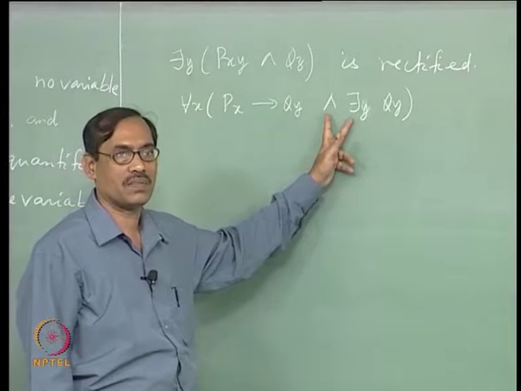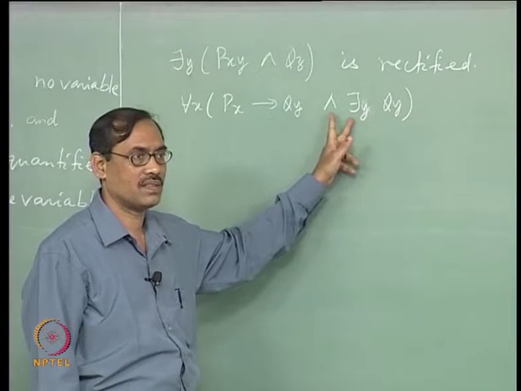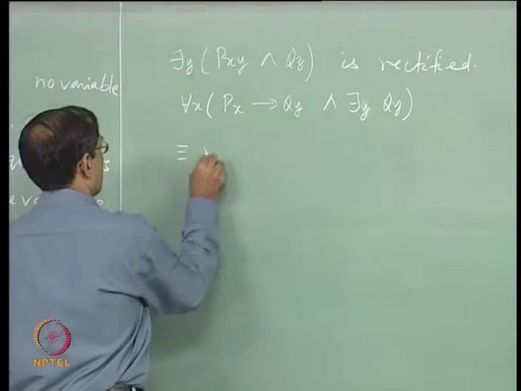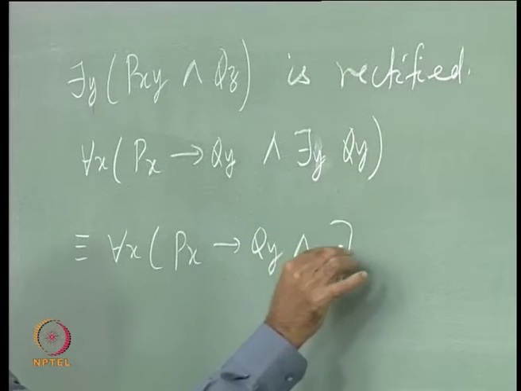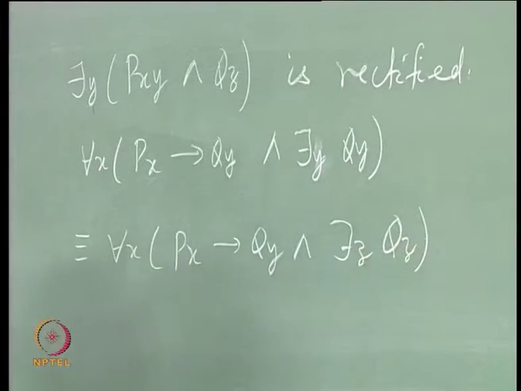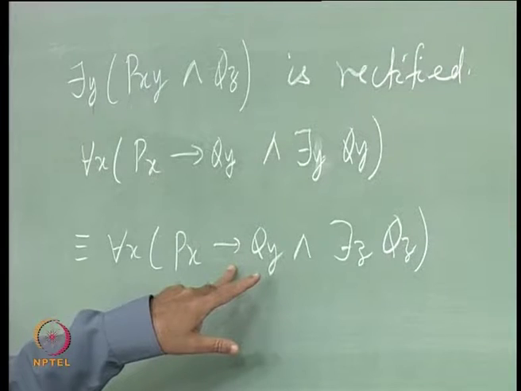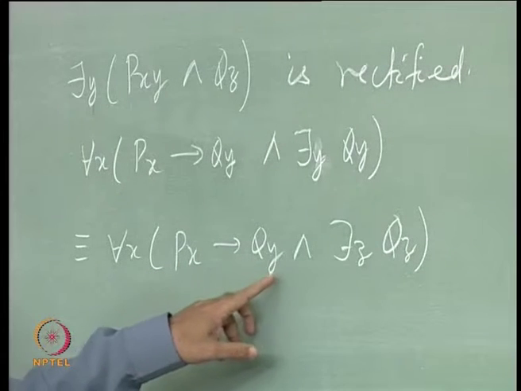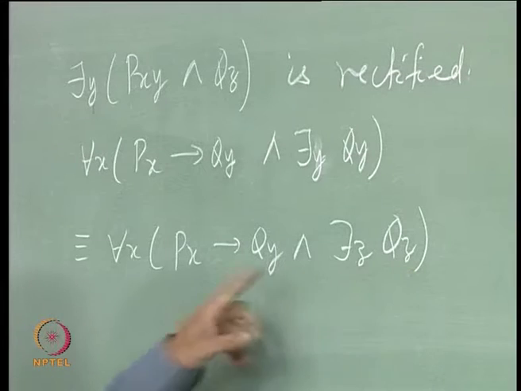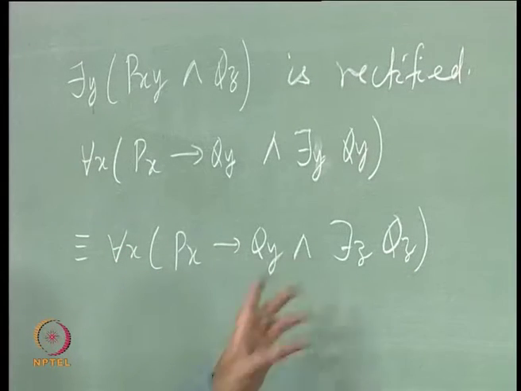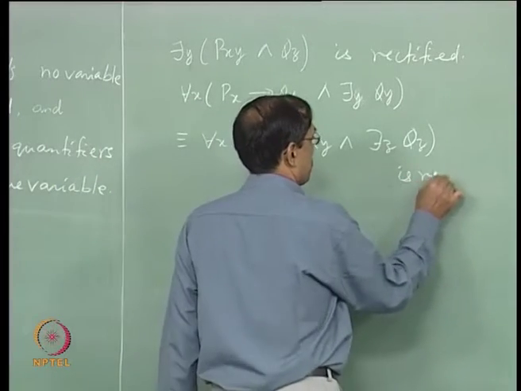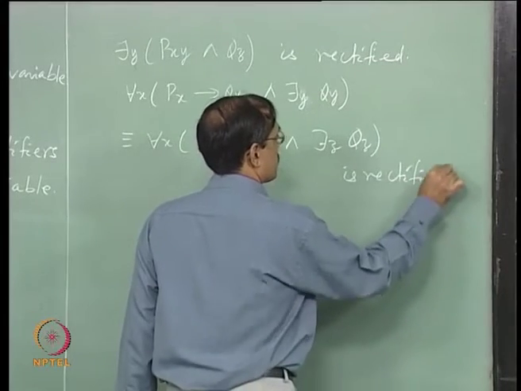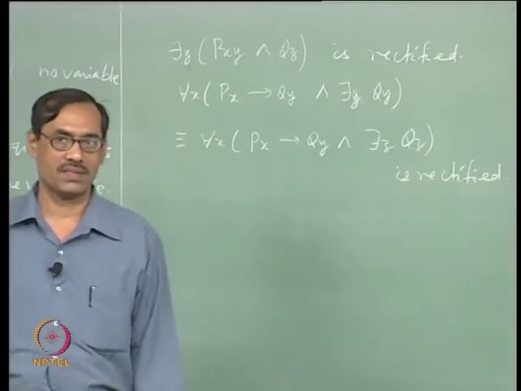Free variables cannot be renamed, it will not preserve equivalence. So, we write that as for each x, p x implies q y and there is z q z. Now there are three variables occurring here. X is bound, y is free, z is also bound, and there are two occurrences of the quantifiers, they use different variables. So, this is rectified. So, rectification is a simple process.